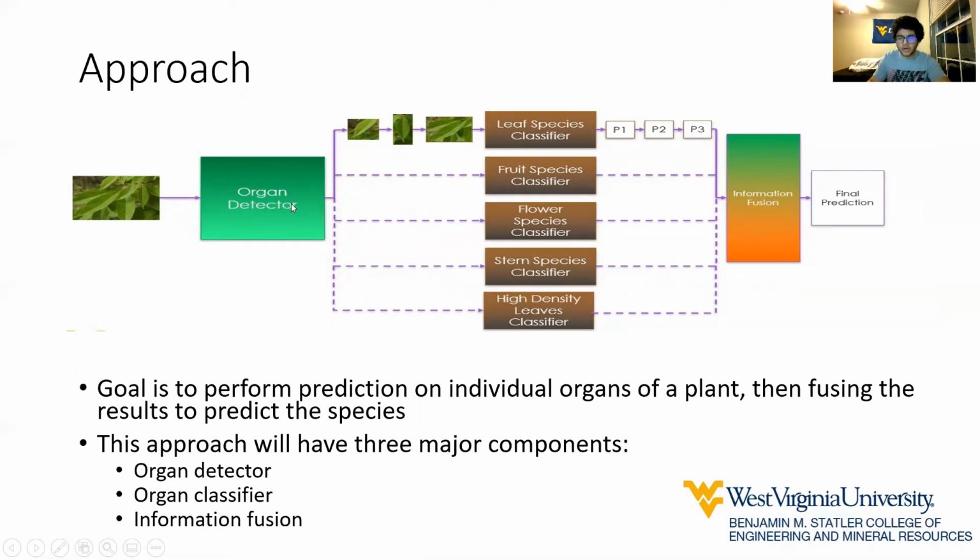After detecting each organ, we are processing those detected annotated organs into their respective species classifiers. So there will be 5 species classifiers, which will then predict which species each organ belongs to. After predicting those species, a confidence score will be generated for each annotation, and then the information will be fused together for the final prediction.